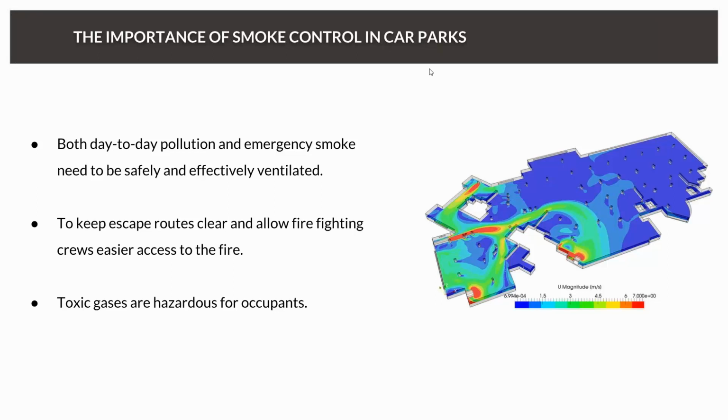And then we can use the results also for some other aspects of engineering. For example, whenever it comes to smoke protection and whenever we are planning fire scenarios, one very important aspect is to plan proper escape routes which are clear and allow the firefighting crew to easily access the fire.